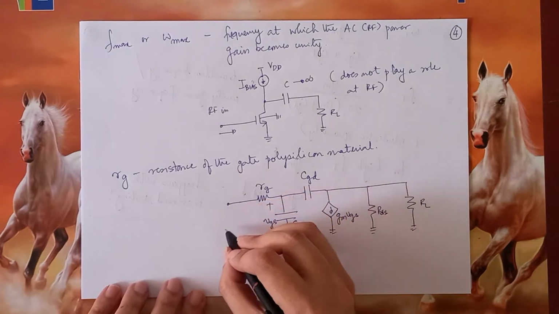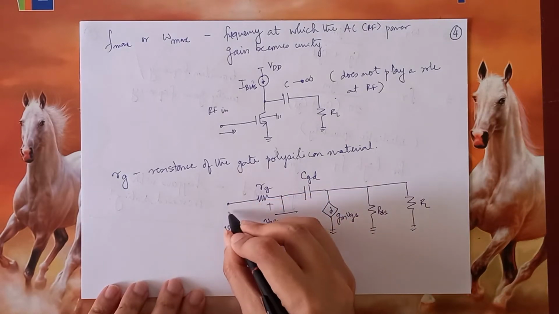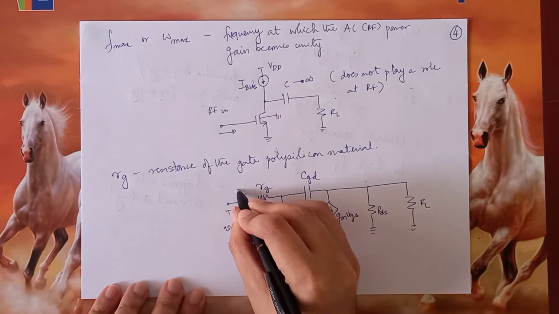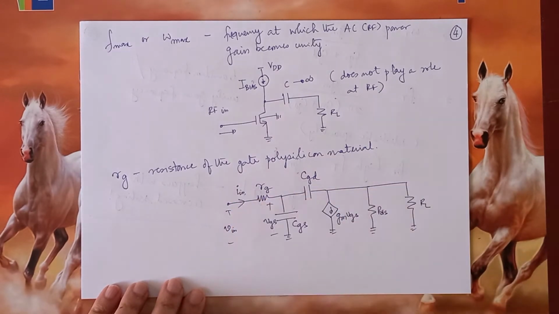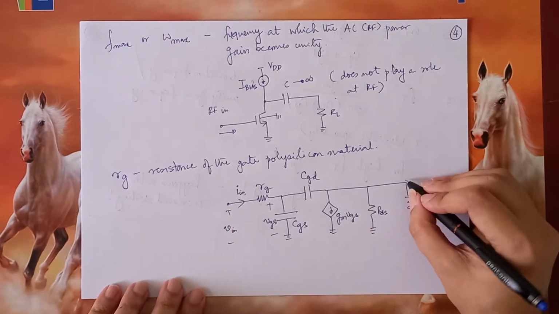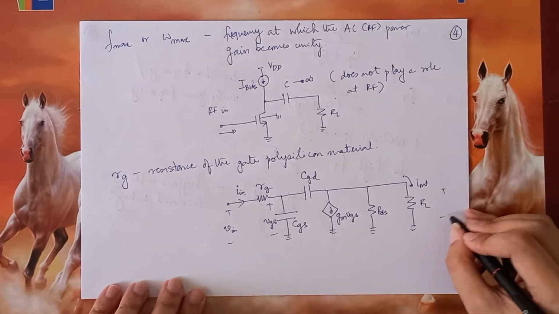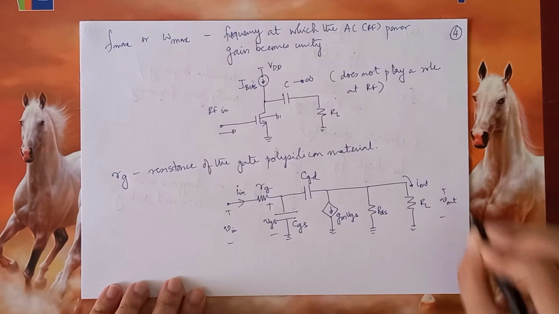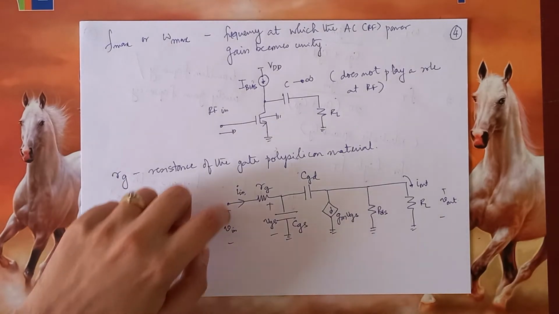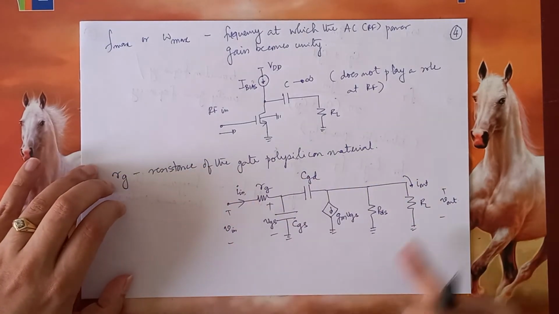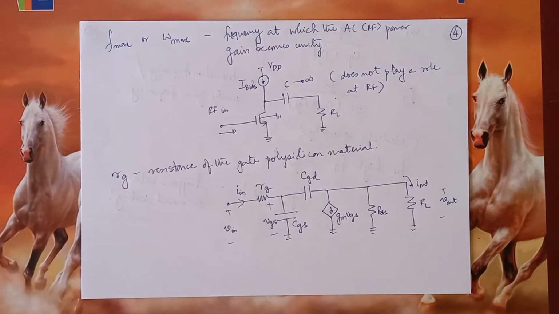So what we assume is that if this is Vin, let there be some current over here called Iin, and some current Iout at the RL, and here we call this Vout. So input power is something like Vin times Iin, and output power is Iout times Vout.